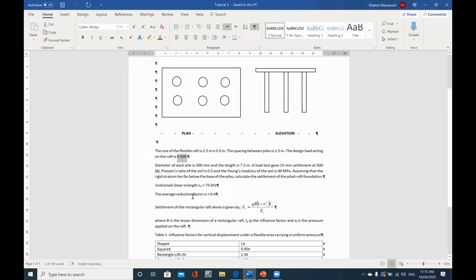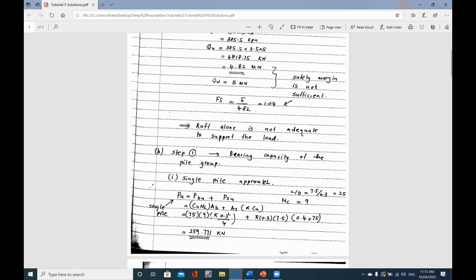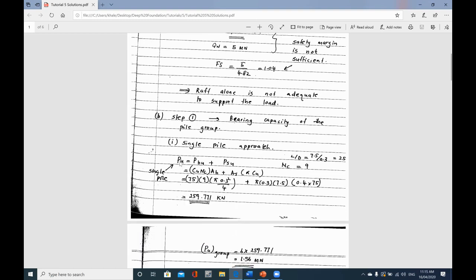As you can see, the average reduction factor throughout the length of the pile is given as 0.4, so we just need to substitute this value back into the equations, and that will give us that the load carrying capacity of each pile, of the single pile, is 259.771 kilonewtons.